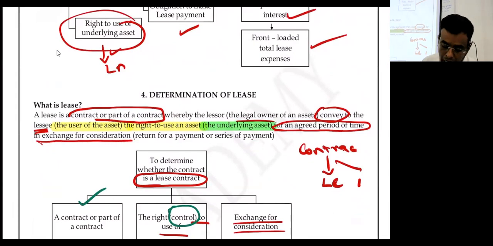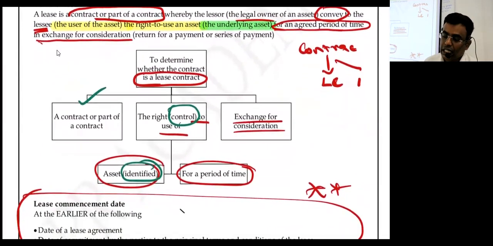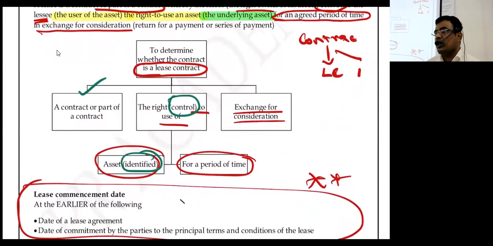Correct? While determining, they ask whether there is a contract, rights of control and identified assets. We have seen both rights of control and identified assets. Yes or no? After this one hour discussion, you will be in a position to say whether the contract is a lease or not a lease.